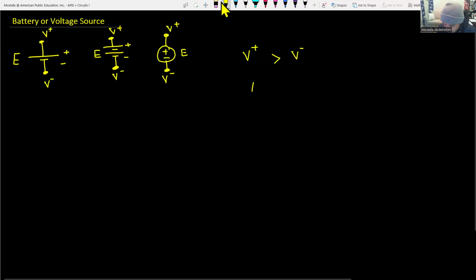That means V positive is equal to E plus V negative. So we give V positive an extra voltage called E, and it becomes higher than V negative. That's the basic definition. Or we can say that E equals V positive minus V negative.